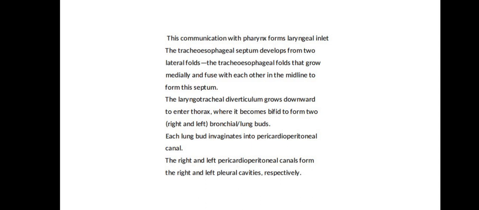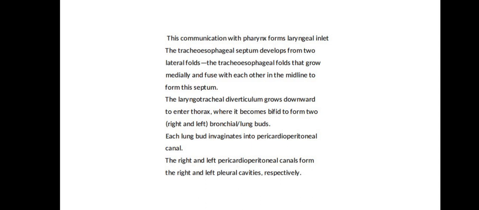The cartilages of the larynx developed from the cartilages in the fourth and the sixth pairs of the pharyngeal arches. Now, there are 6 pharyngeal arches, whereby we name them the first one, the second, the third, the fourth, the fifth, and the sixth. But after some time, the fifth one regresses or disappears.